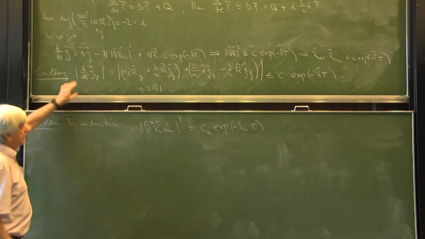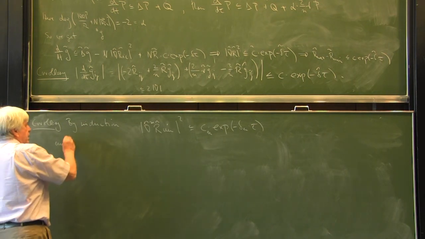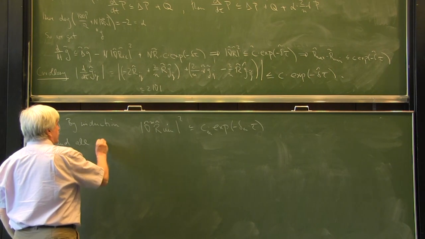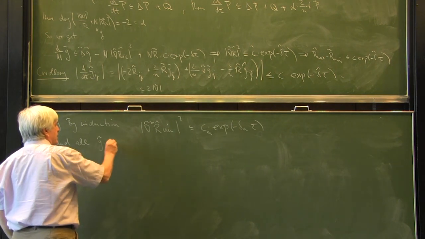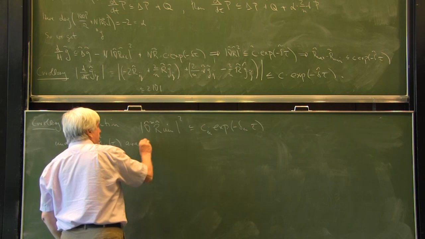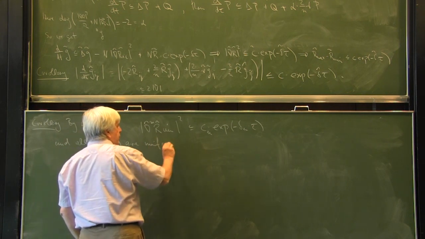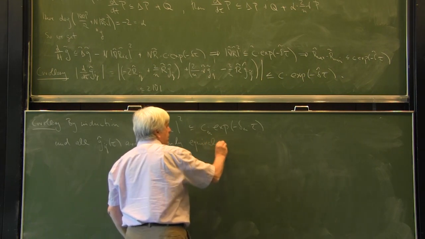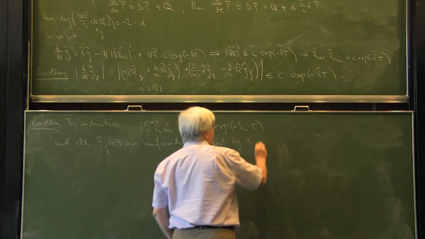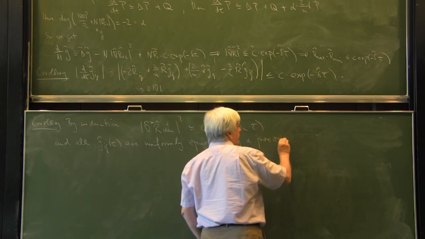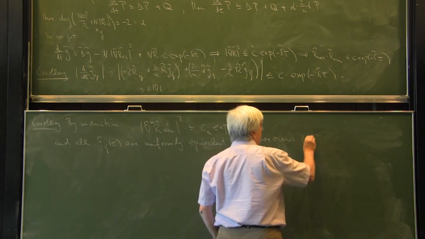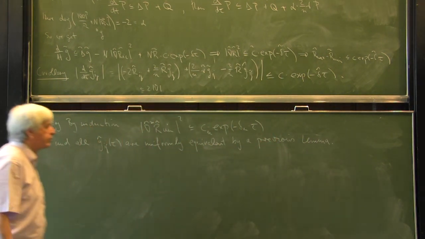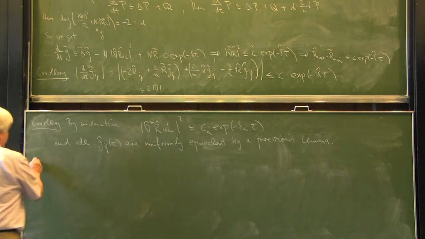So all these metrics are uniformly equivalent, and all g tilde ij of tau are uniformly equivalent by a previous lemma. And this implies the main thing.